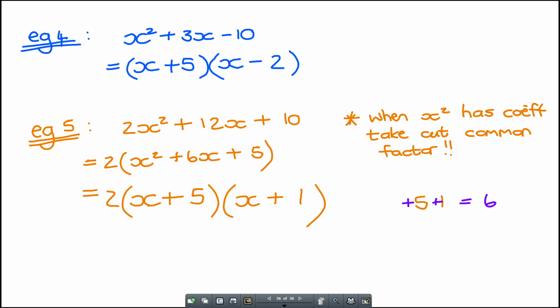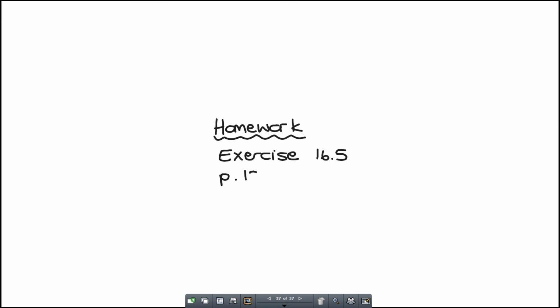Do you guys think you'd be able to do this? All right, so homework. Exercise 16.5. That is on page 181.